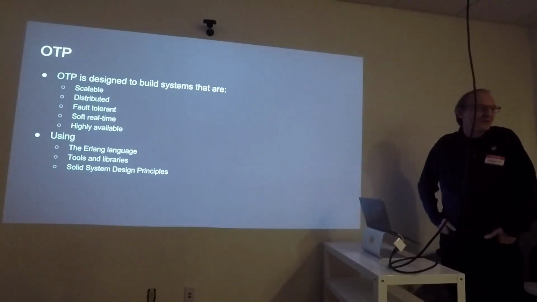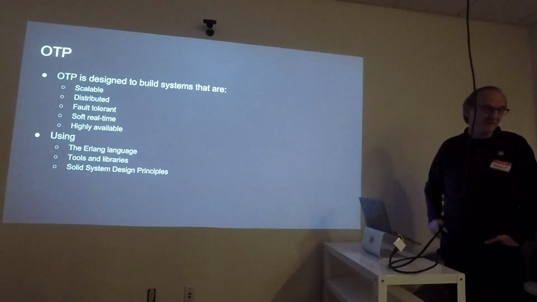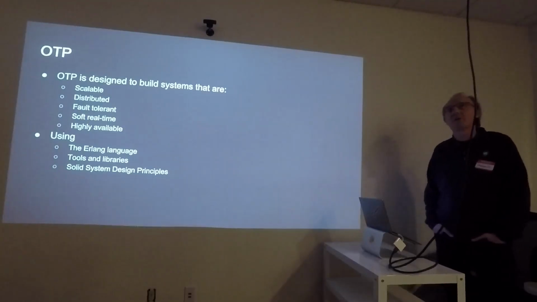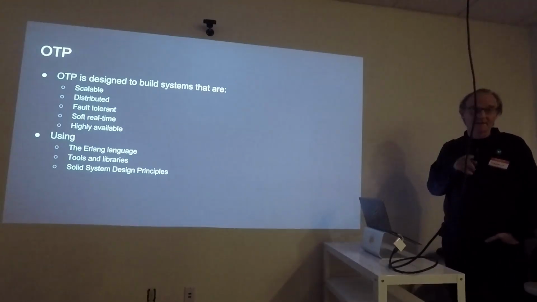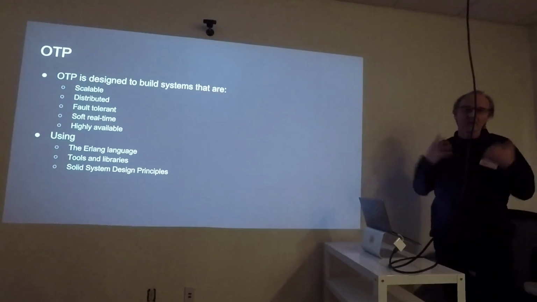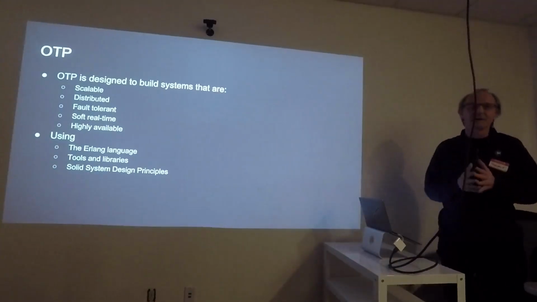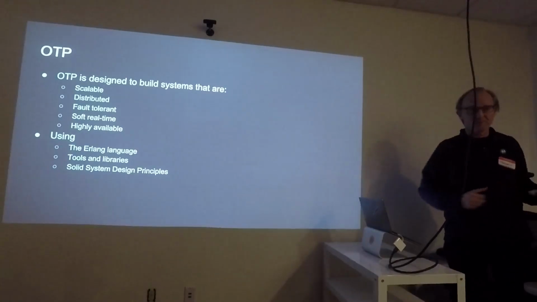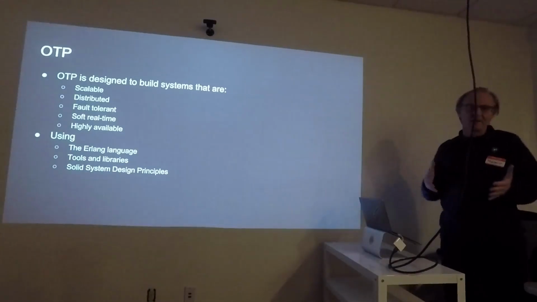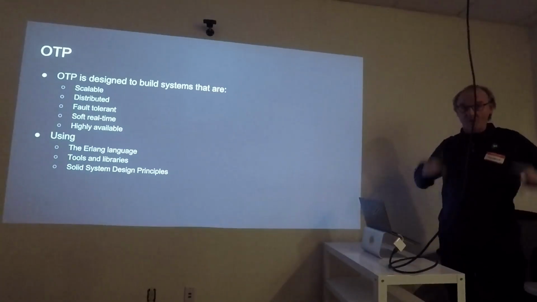But the main purpose of OTP is actually to help people build systems with these properties. It came about back in the early 90s. 1990s, not 1890s. Yeah, really, it's old, right? Ericsson had this failed C++ project that just crashed and burned, and at the same time they were more or less alienating this team with their functional ideas.